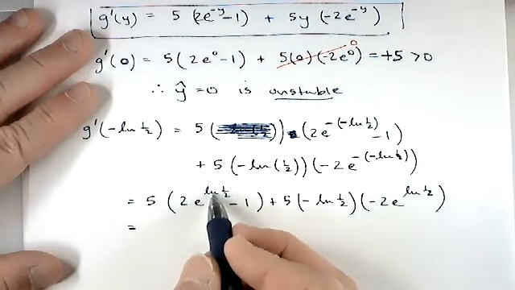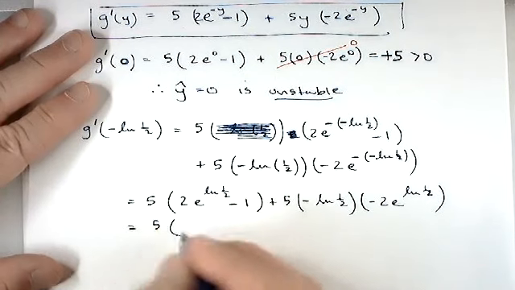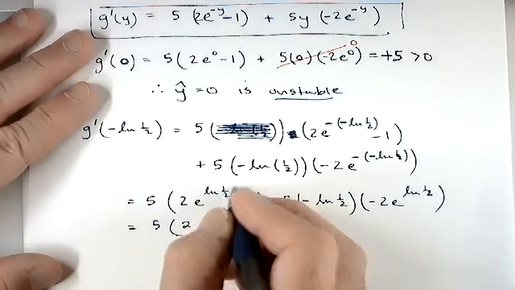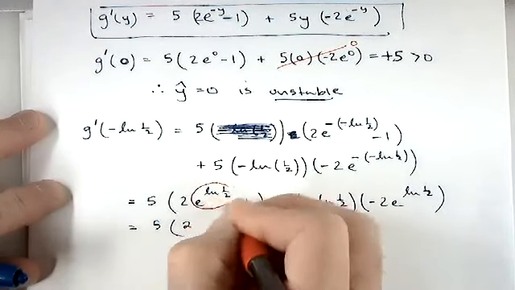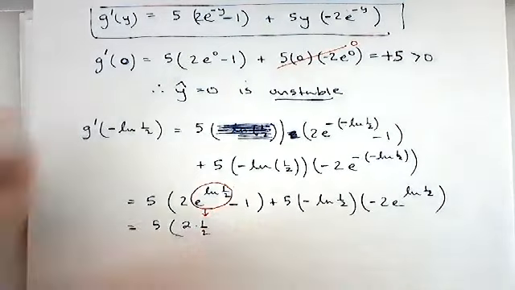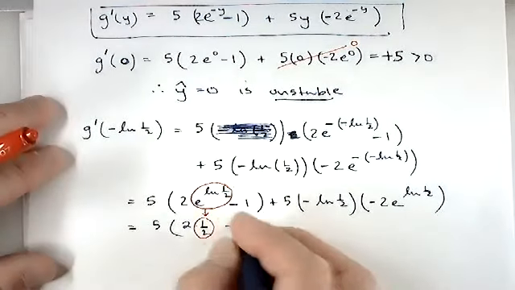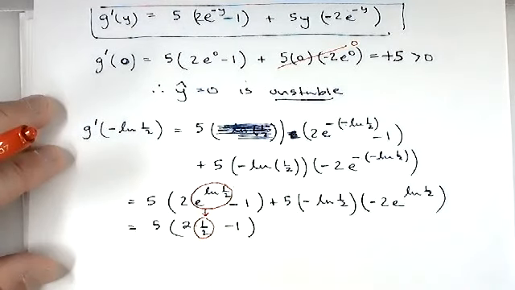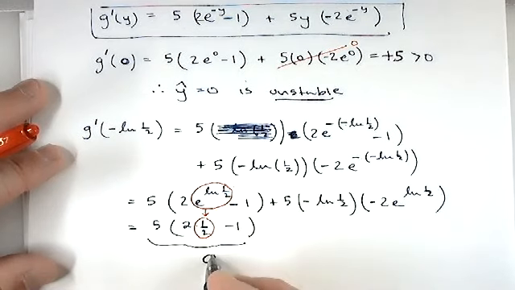Using your inverse property, what is e to the ln of 1/2? That's just 1/2. And if you think about it, that's just 1 minus 1 now. That's going to make this whole thing 0 right there.